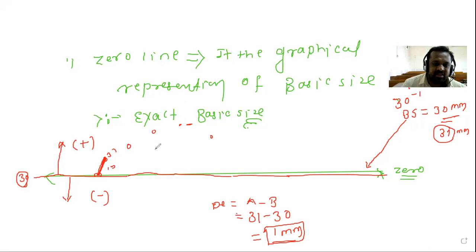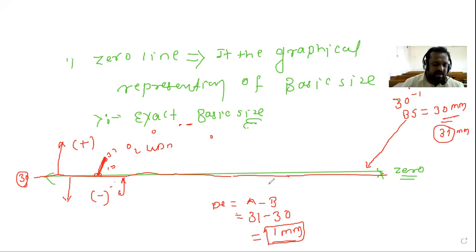If it is like this, -1 is there. If there is a -1, then how do we have to show it? On the bottom side. Okay, it will be like this. This is called the upper deviation and this is called the lower deviation.